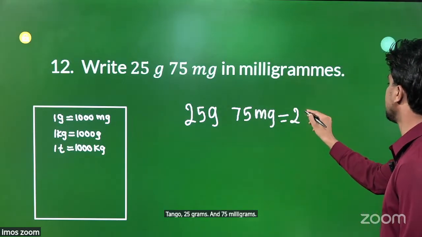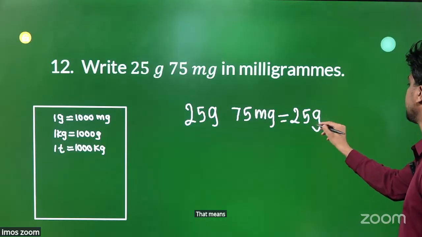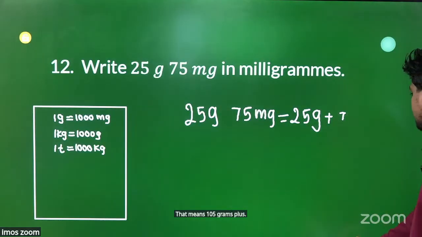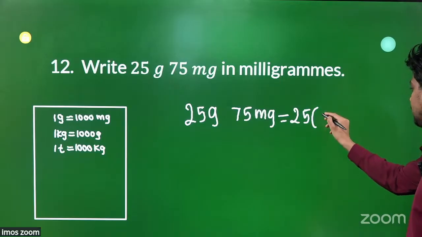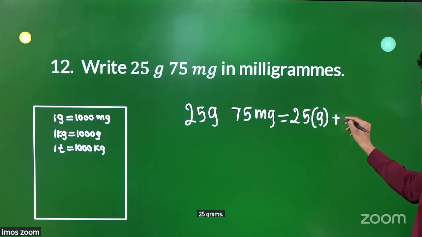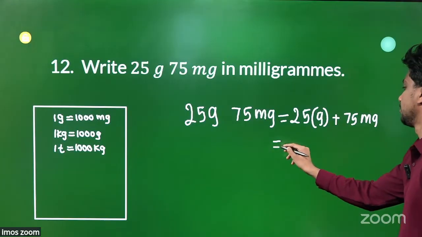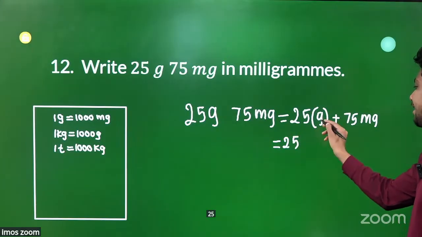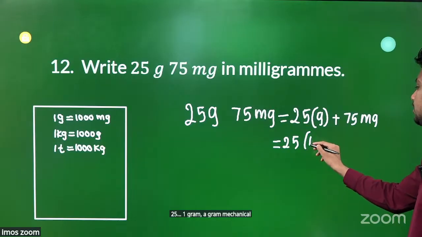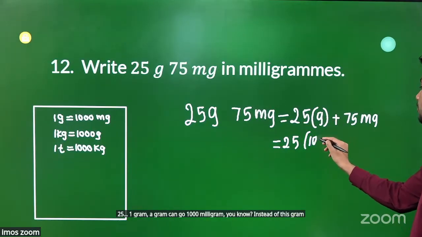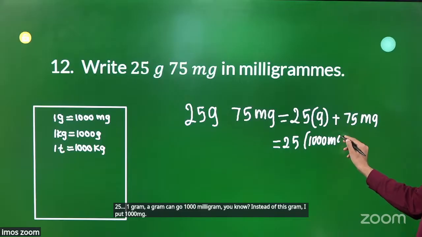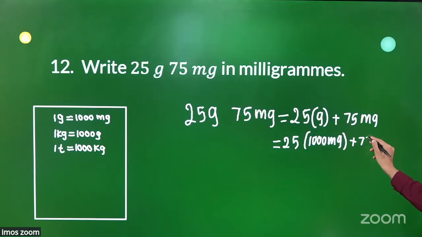That means 25 grams plus 75 milligrams. 1 gram is 1000 milligrams, so instead of the grams I put 1000 milligrams, plus 75 milligrams.